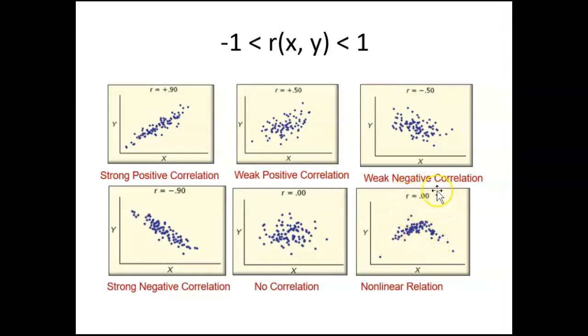So here the correlation is going to be 0, but there is a relationship between x and y. You can see here that as x increases, y increases up to some point, and then as x increases, y decreases. And there's a number of variables in economics and business that might display that sort of pattern.